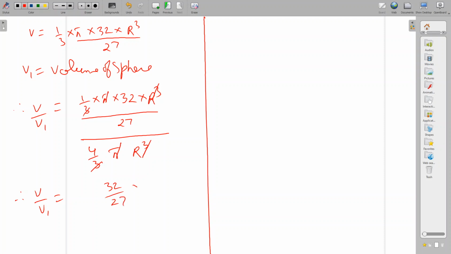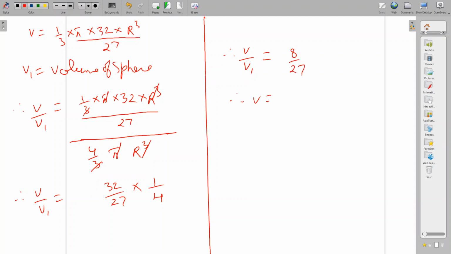So what we are getting here is V by V1 equals 32 over 27 into 1 by 4. On simplification, V by V1 equals 32 and 4. So 4 will cancel, 32 gives 8, so 8 by 27.